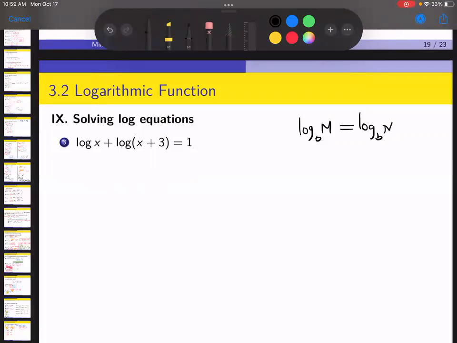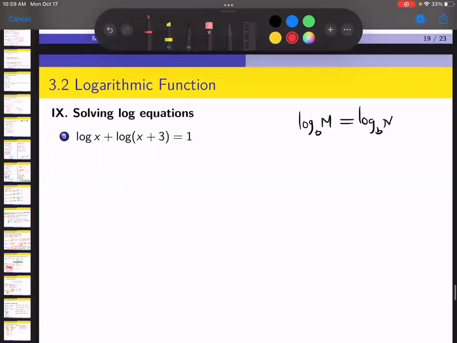So what I can do first is I can combine them. Sum becomes product, right? So if I want to be one log, product means what? You multiply the input. So here is one input, and here's another input. So x times x plus 3, and if you want to put a bracket around it, it's fine too.